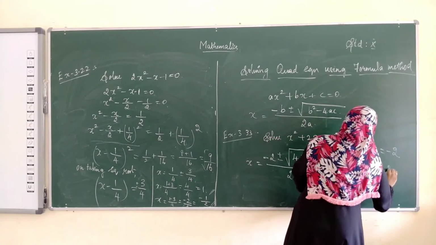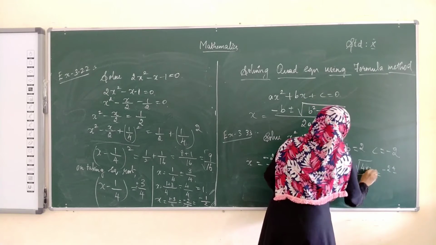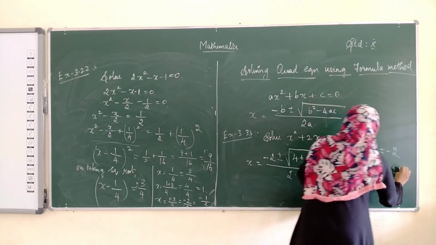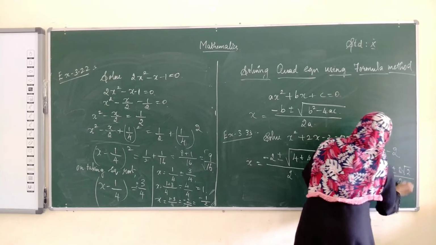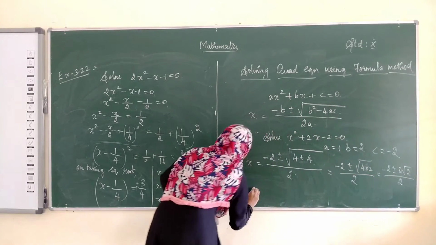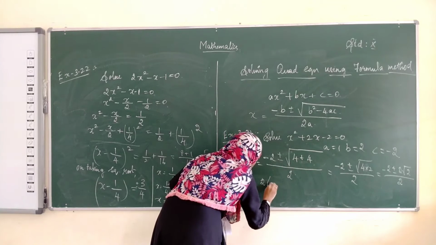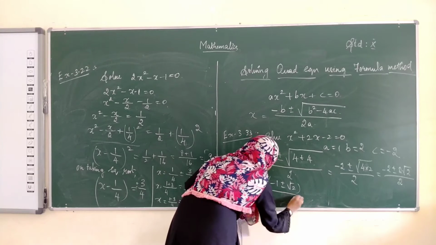Now solve this. Minus 2 plus or minus root of 12 divided by 2. This is equal to minus 2 plus or minus root 12. This can be written as 4 into 3. So 4 can be written as 2 square. Therefore we can take 2 outside: 2 into root 3 divided by 2. From this, we can take 2 as common in the numerator. When we take 2 as common, minus 1 plus or minus root 3 divided by 2.